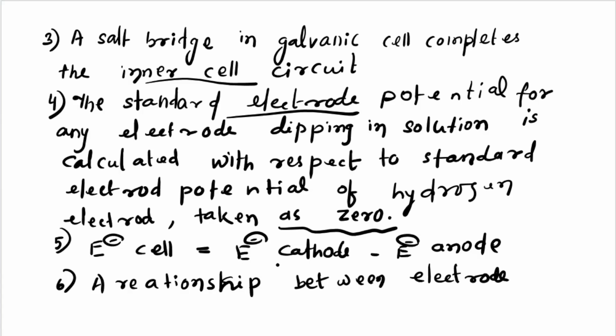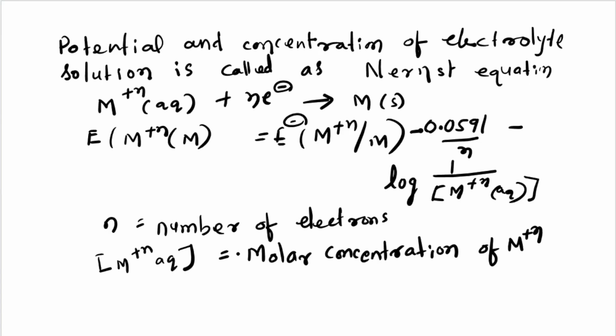E0 cathode should be a higher value than E0 anode, so that E0 cell is positive. If E0 cell is positive, then the cell is working well, and if E0 cell is negative, that means the cell is not working. Next, a relation between electrode potential and the concentration of electrolyte solution, concentration in moles per liter.